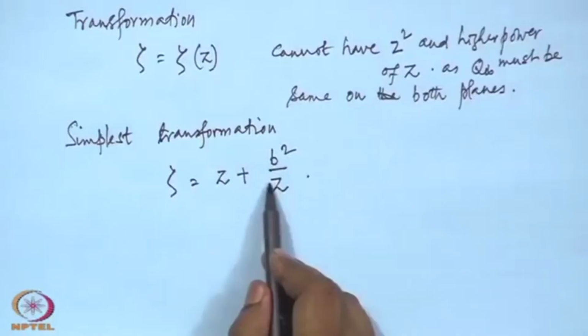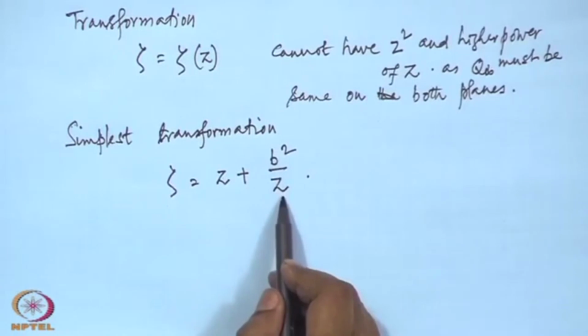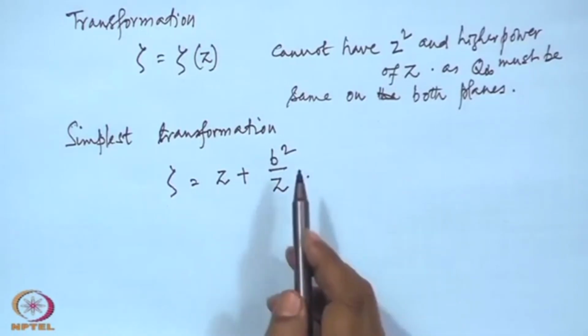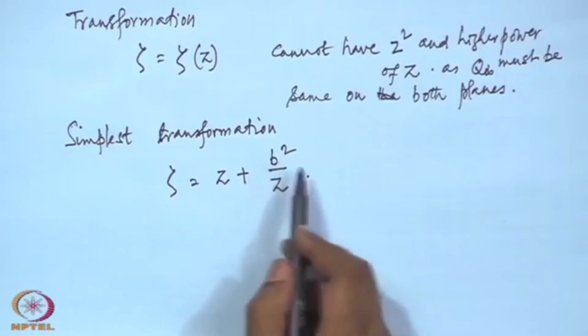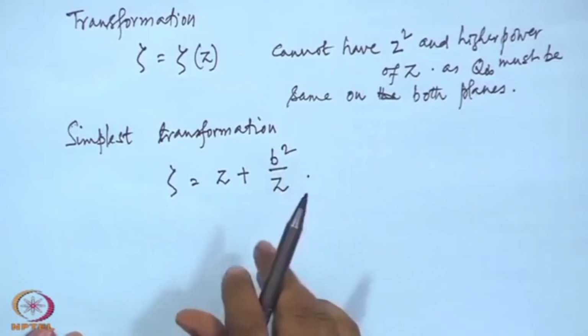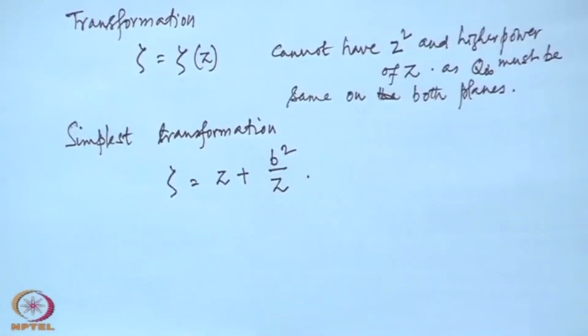So, that is why you must have one critical point on the surface of the circle, and this term will give us a critical point, otherwise there will be none. That is why this first term, hence it is simplest. We are not considering only the first term, because then we will not get an airfoil type of body, or any body which has a corner, but we need bodies with corners. Hence, this is the simplest transformation.